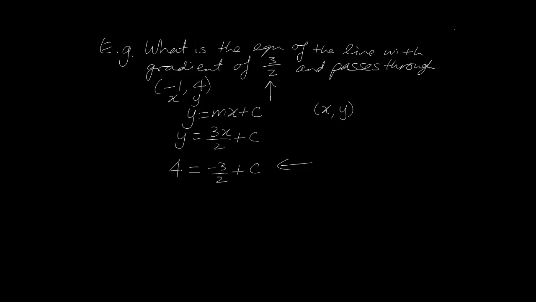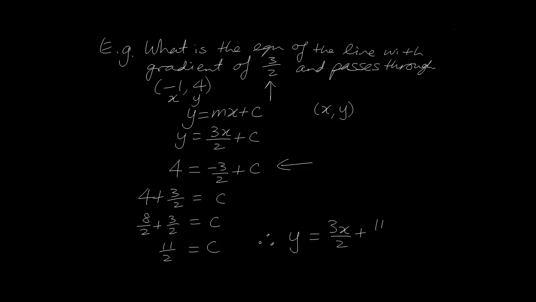So it's going to be 4 plus 3/2 will give me the value of c. That's 8/2 plus 3/2, which is going to be 11/2 for the value of c. Therefore, my equation will be y equals 3x/2 plus 11/2.